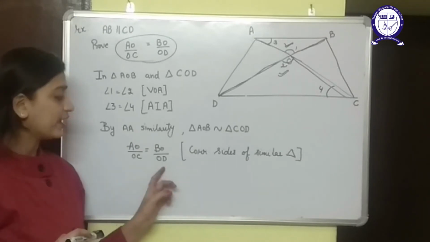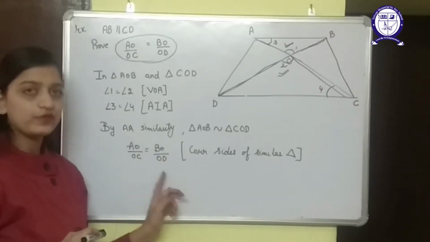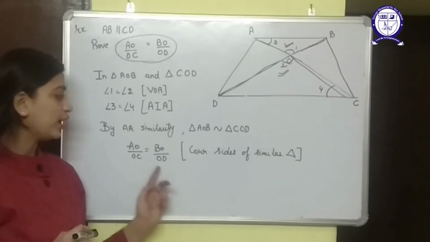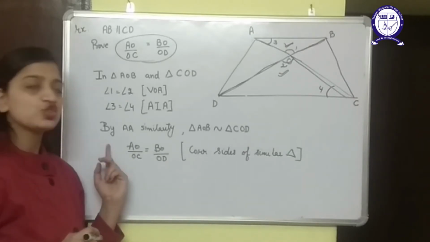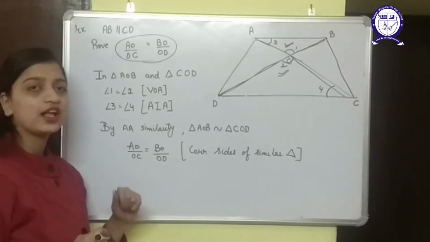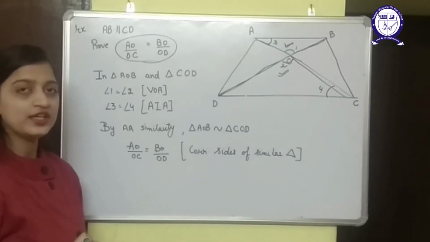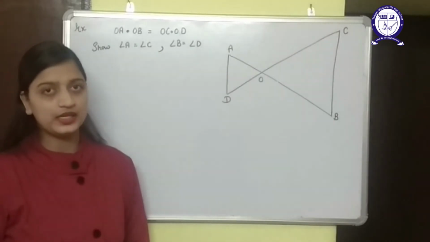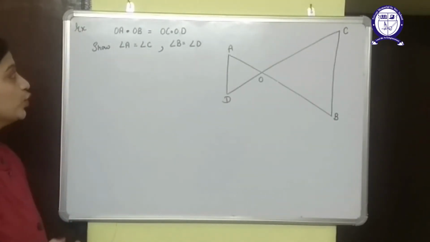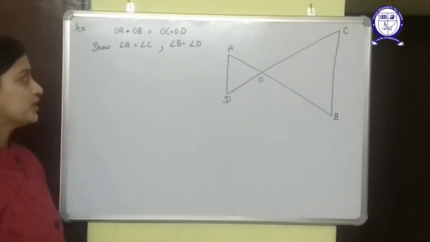We cannot write it like OD upon BO. We have to write BO upon OD because AO is taken in the numerator. So BO is also a side of the same triangle, so it should also be in the numerator. Okay, so now let's move to the next example. The next example is OA into OB is equal to OC into OD.